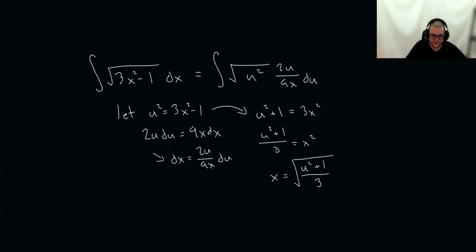Then I have found a way to replace my x. And so I can do that. I could say this is 2u on 9 root of u squared plus 1 on 3 and du, right?